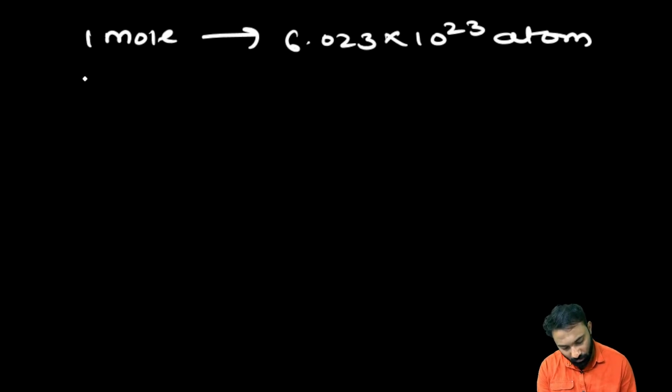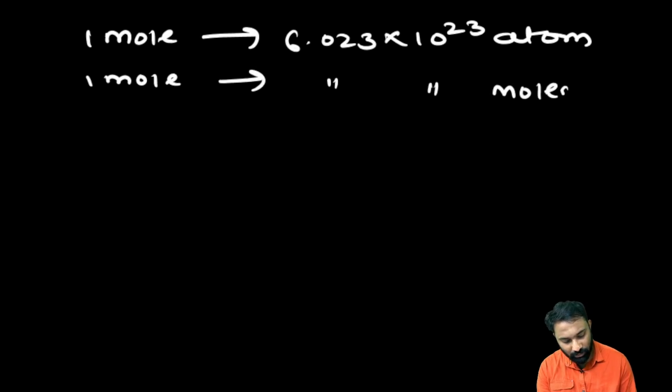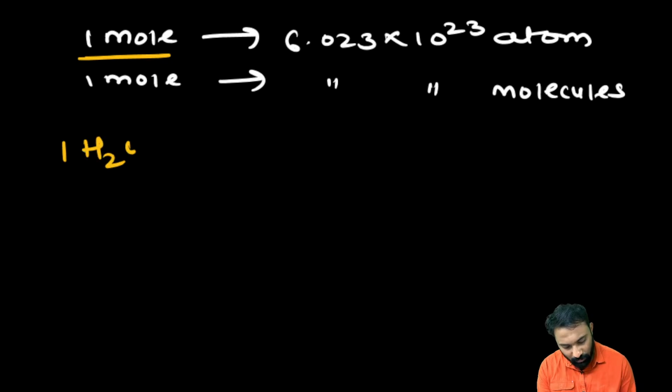Now 1 mole will have 6.023 into 10 to the power 23 molecules, right? This defines 1 mole. Let's suppose 1 mole of H2O molecule will have Avogadro number of molecules.